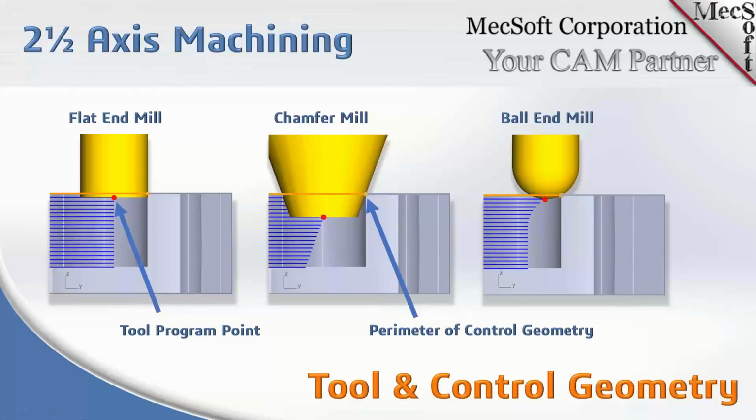This typically is not what you want to do, especially if you're machining molds. Obviously, if this area right here was a parting line, you don't want that cutter to ride that parting line because it's going to cut that edge at 1, 2, 3, 4, 5, 6, 7 levels. That tool is going to recut that edge 7 times, and you're going to have tolerance build up. You're going to have just a sloppy edge right there.